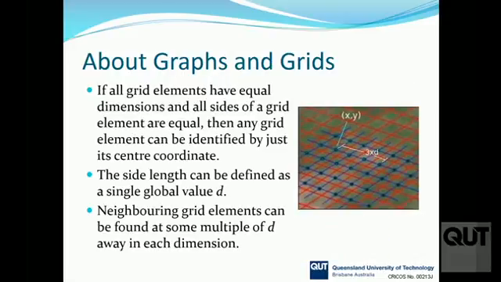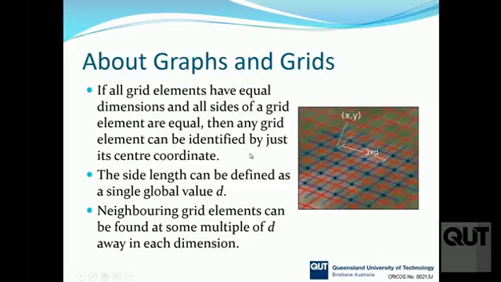Right, so if all grid elements have equal dimension and all sides of a grid element are equal, then any grid element can be identified by just its center coordinate. The side length can be defined as a single global variable d. If we know the length of the side, some value d, neighbouring grid elements can be found at some multiple of d away in each dimension.